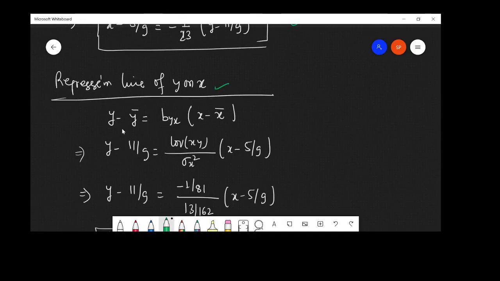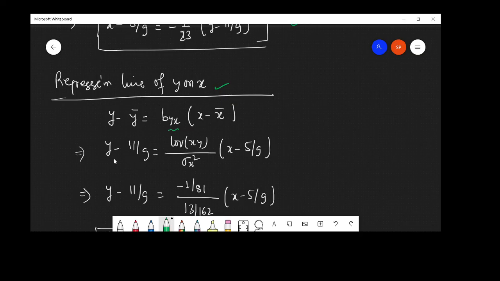So now similarly we find the regression line of y on x. For y on x we write y minus y bar is equal to byx times (x minus x bar). Here byx is the covariance of xy divided by sigma x square. This part is already covered under regression coefficients in regression analysis in statistics part 1, so please go and learn how this formula comes.